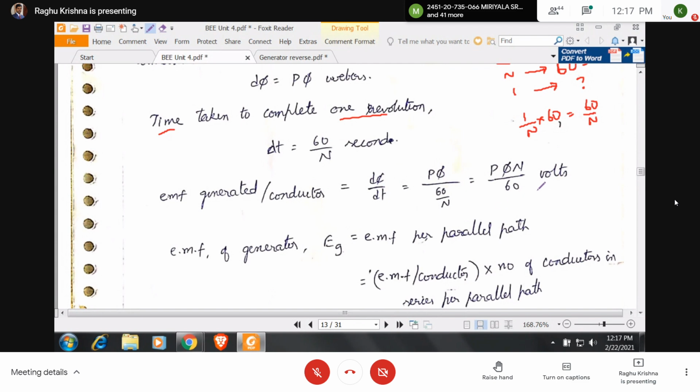Here we have to calculate the EMF per parallel path, which is the EMF of the generator.